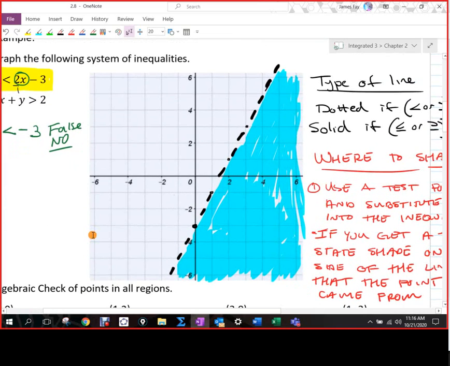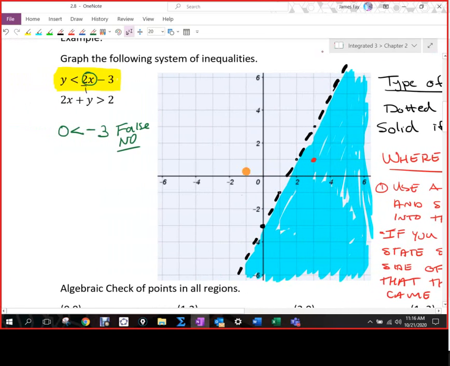If I chose the point over here, let's go 3, 1. 3, 1 is in the region that I shaded, right? So if I plug the 3 and the 1 in for x and y, I plug in the 1 for y, less than 6 minus 3.